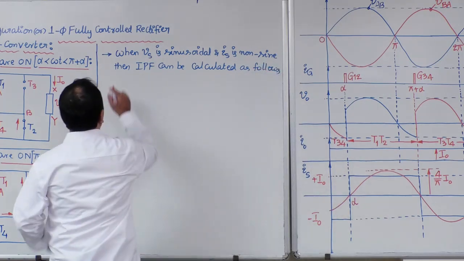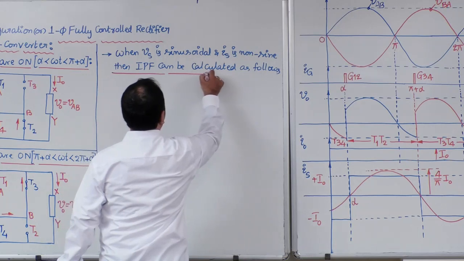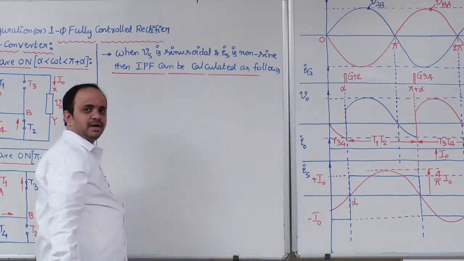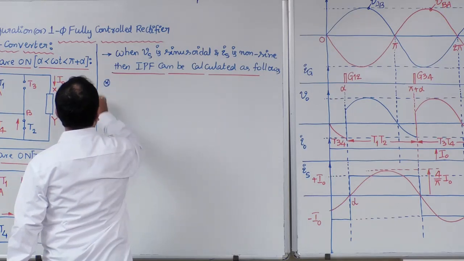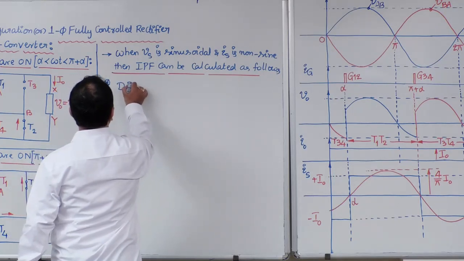Input power factor of the rectifier can be calculated as follows. Now, what is the first thing we need to calculate? That is DPF.